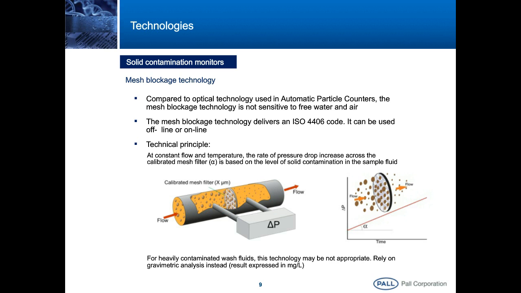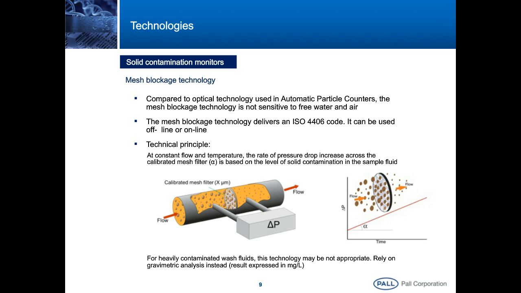This proven technology enables operators to get an ISO code at the end of the measurement cycle. Basically, at constant flow and temperature, the delta P increase through the calibrated mesh depends only on the cleanness level of the wash fluid. This technology fits wash fluid applications very well, giving accurate and repeatable monitoring results.